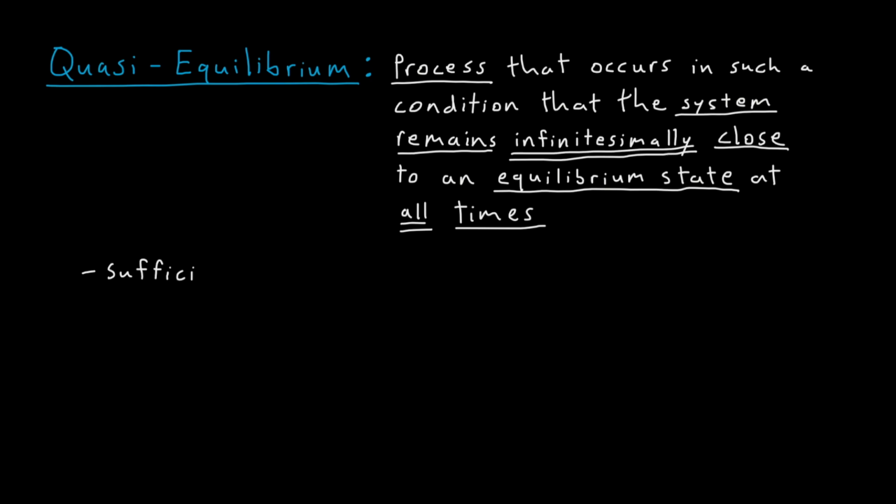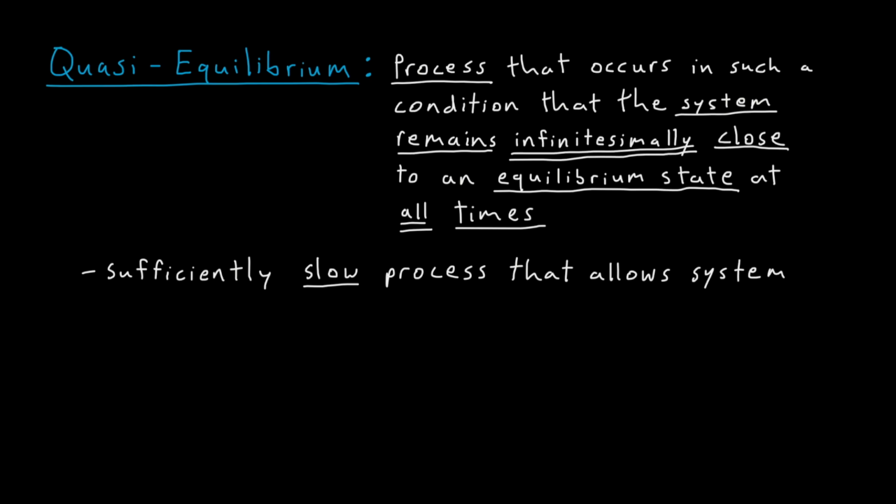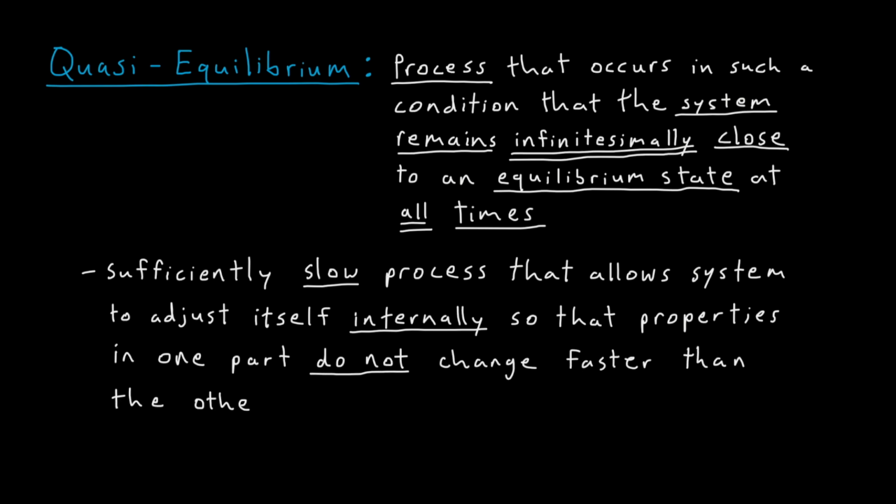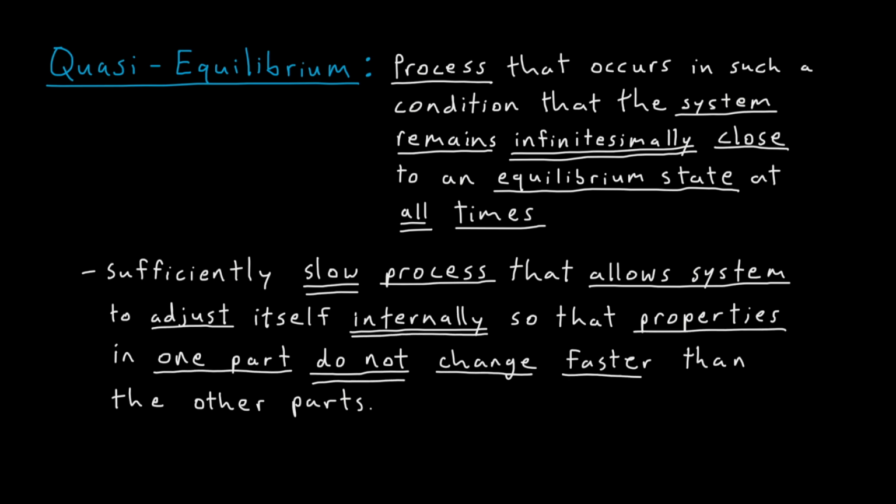Along with this, a key thing to note is that this is typically a sufficiently slow process that allows a system to adjust itself internally so that its properties in one part do not change any faster than the other parts, or in other words, to allow the system to internally remain in physical thermodynamic equilibrium.